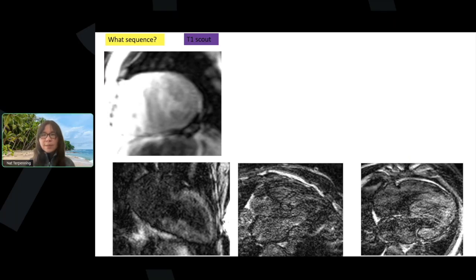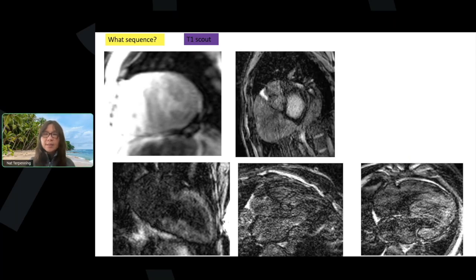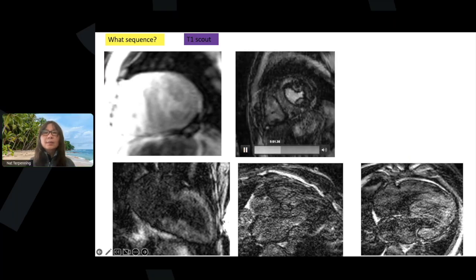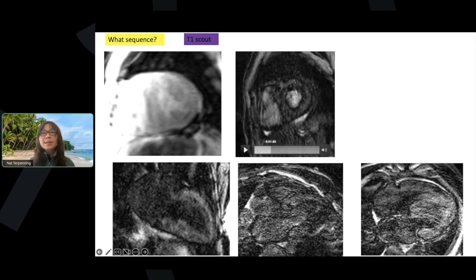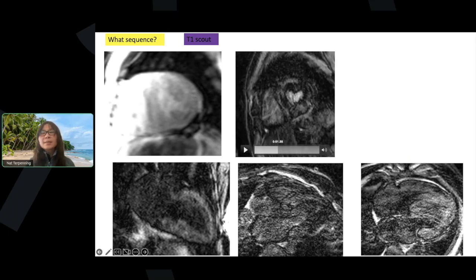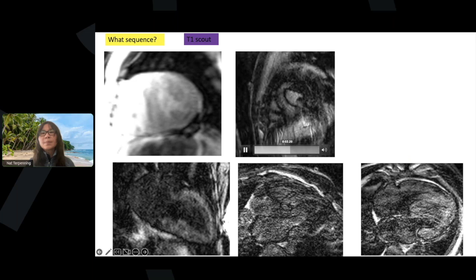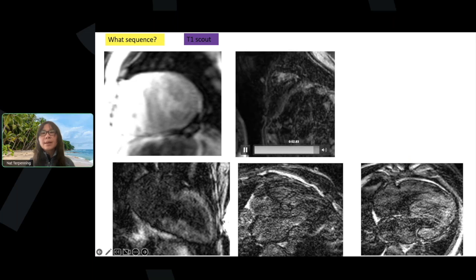So for transmural, we can see transmural in ischemic heart disease as well. And look at our short axis on LGE. I'm going to go from the basal segment. See my myocardium here is very bright.